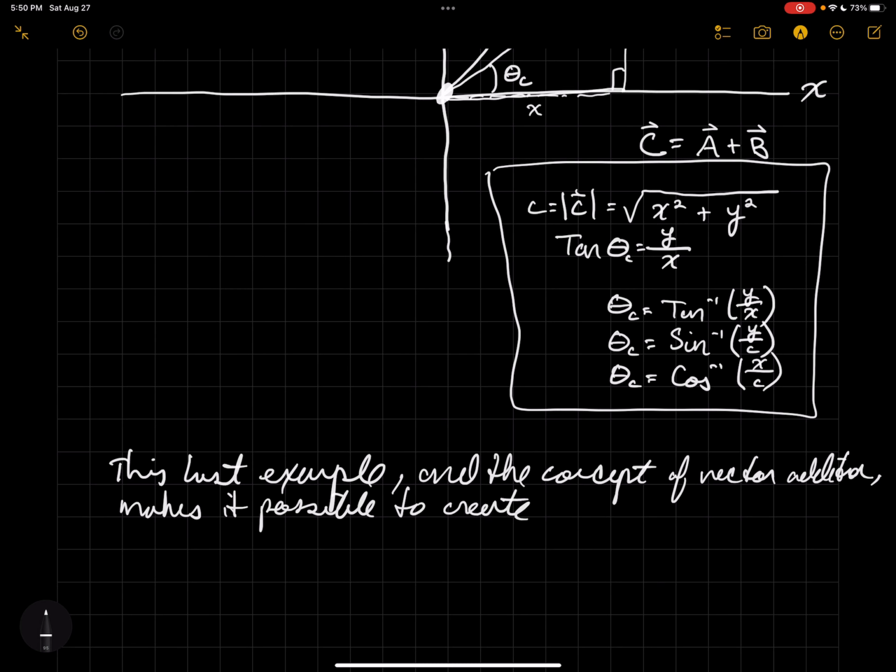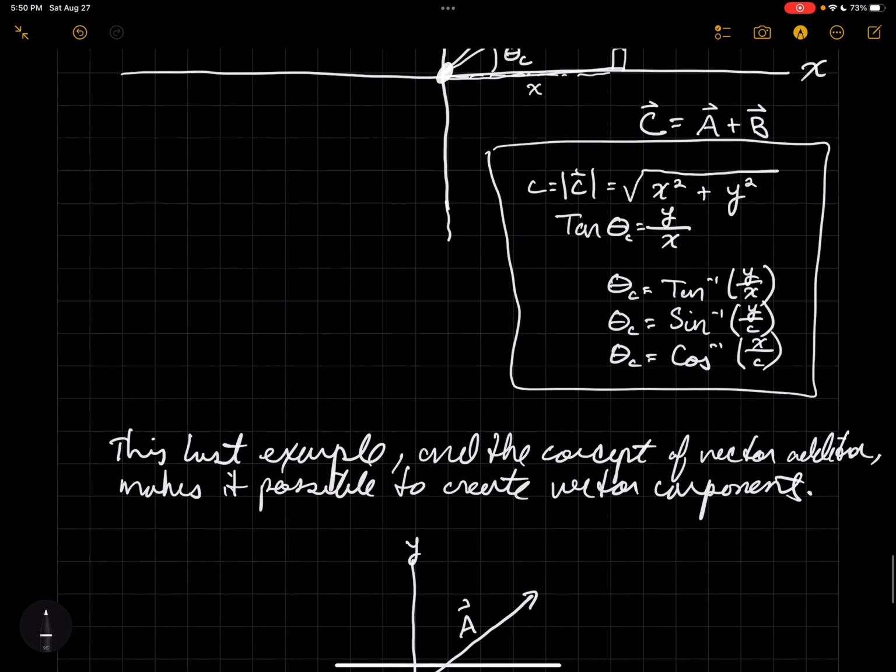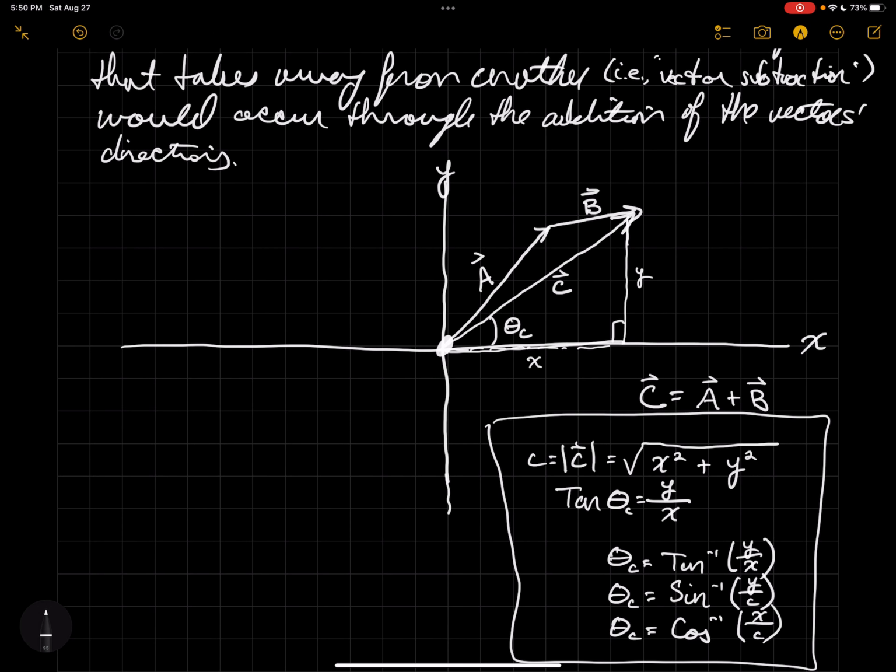Okay, so what are vector components? If we take a look at another vector on our xy plane, and suppose we call this just some random vector A, based on what we saw above with vector addition, where we have vector A and vector B, we can locate A and B really anywhere in the plane, so long as we start with the same initial spot and have the same final spot.